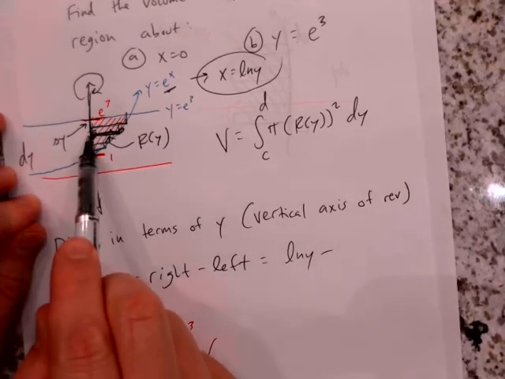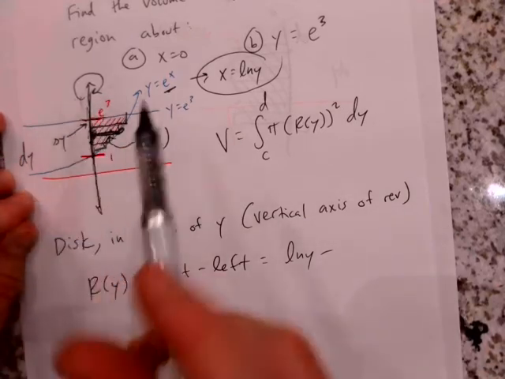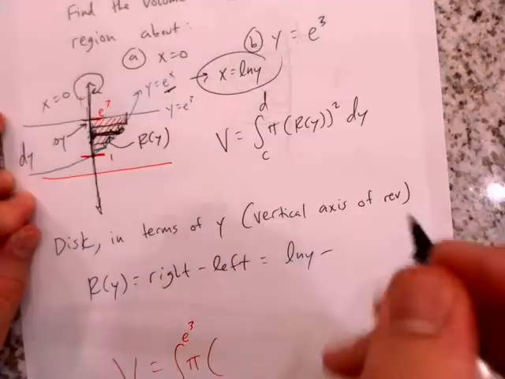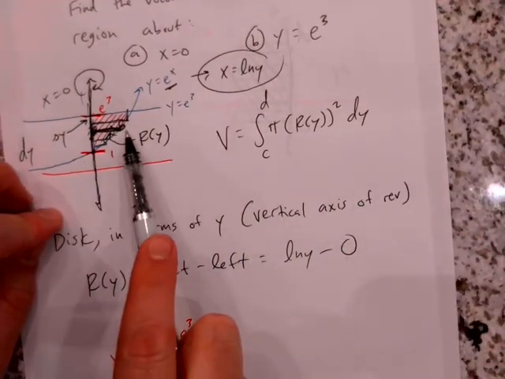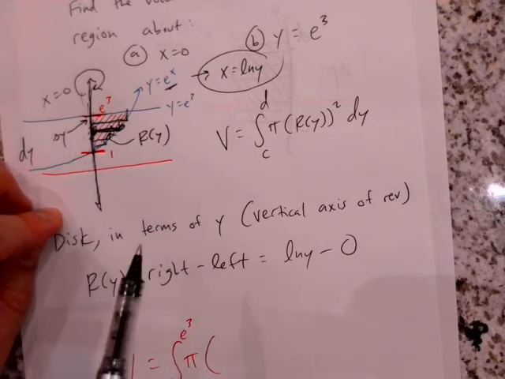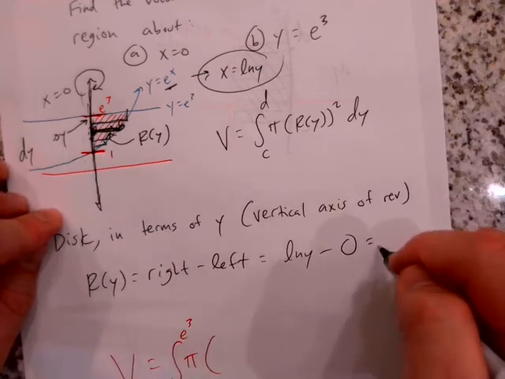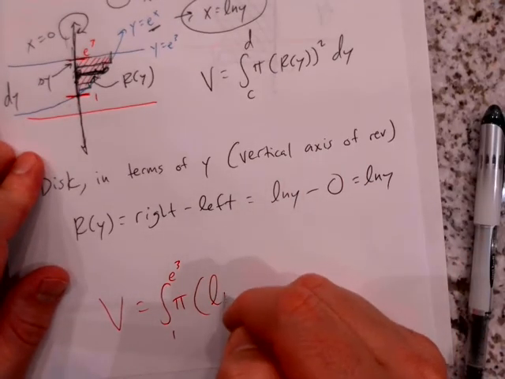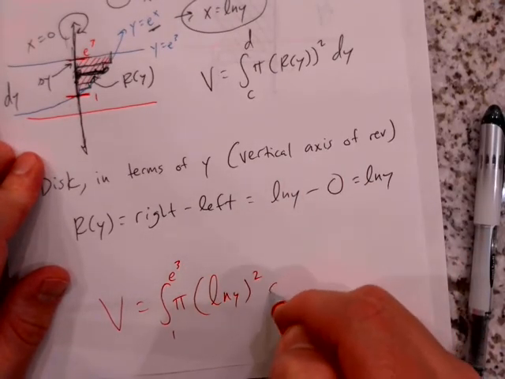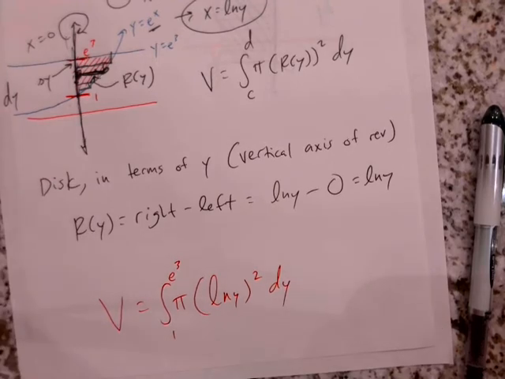The left side, in terms of y, is x equals 0, so it's 0. So it's log y minus 0, and it's just log y. And there you have it.